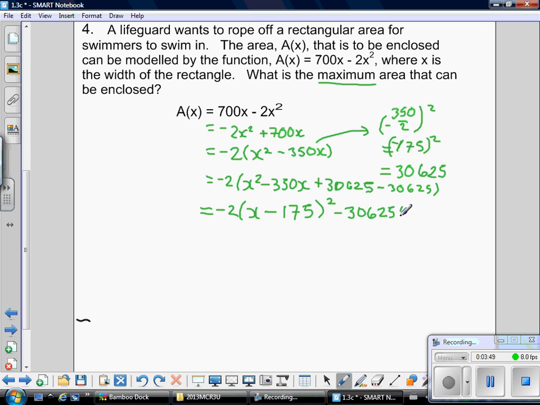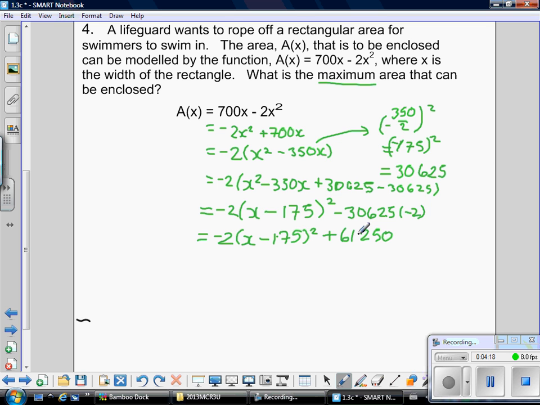So that's going to give me a positive answer there. So -2, almost finished this question. Lots of steps. And when we multiply that by 2, we end up with 61,250.